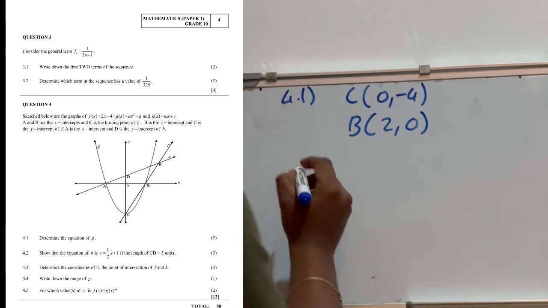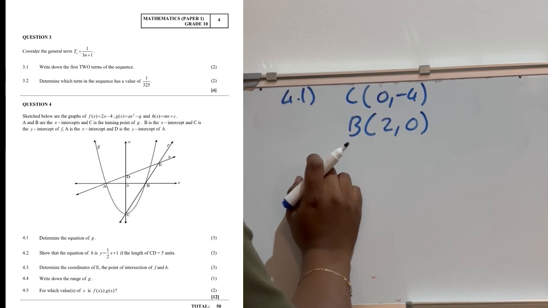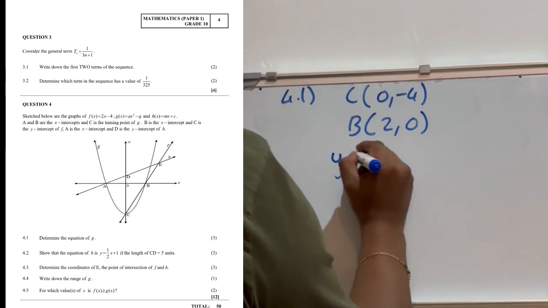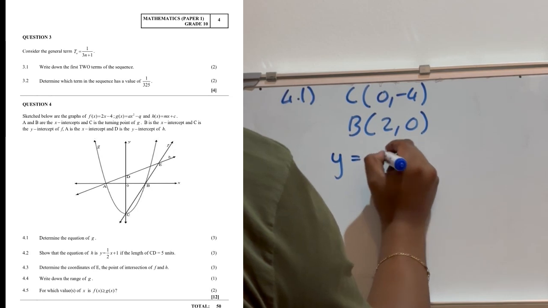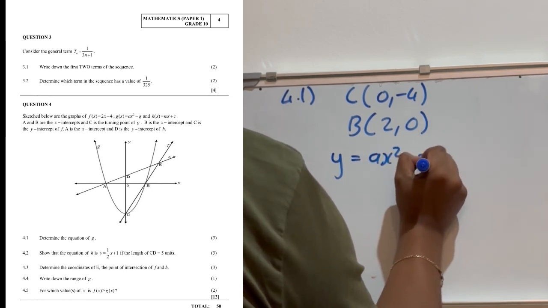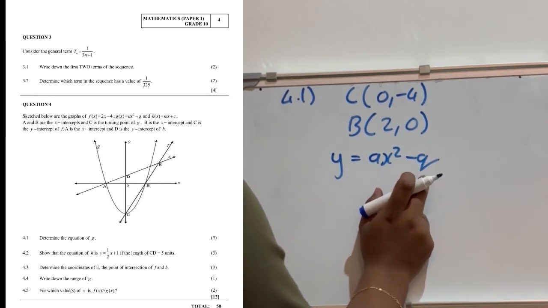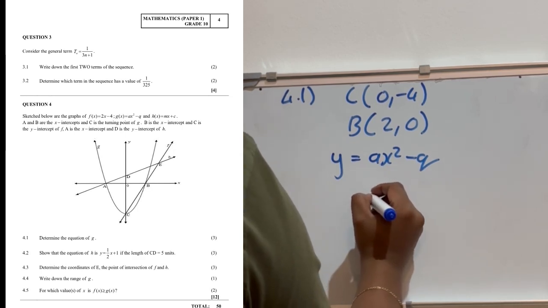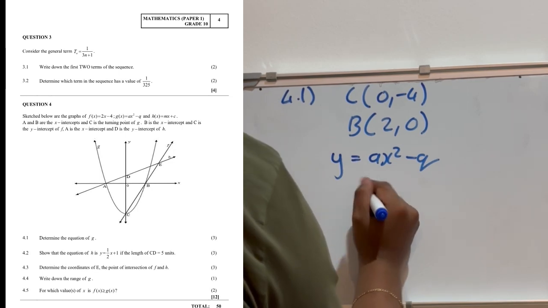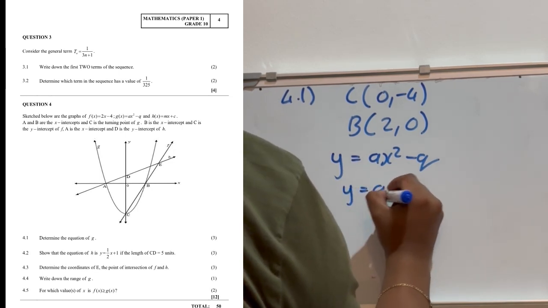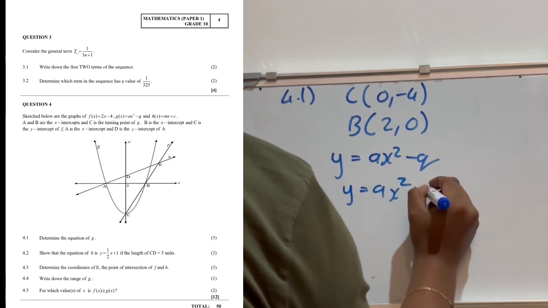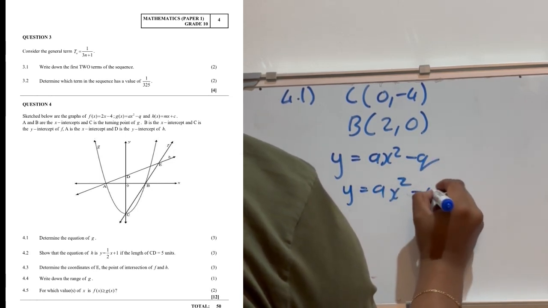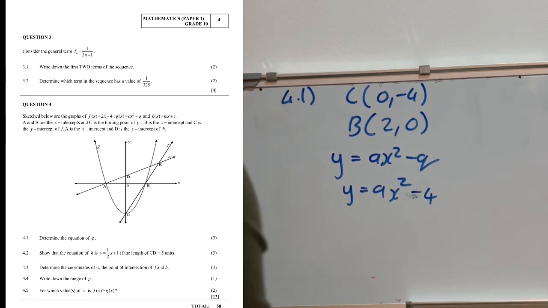Okay, so now we're going to determine the equation. The equation is already y is equal to ax squared minus q. We know what our q is, it's minus 4. So we're just going to say that is y equal to ax squared plus, minus 4.